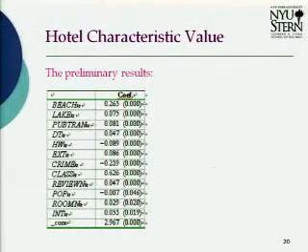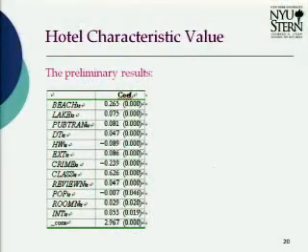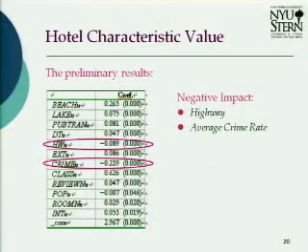For the hotel characteristics value, here are our preliminary results. We notice there are two characteristics which bring a negative impact on hotel price. The first is highway: if it's near a highway, the price would be lower.